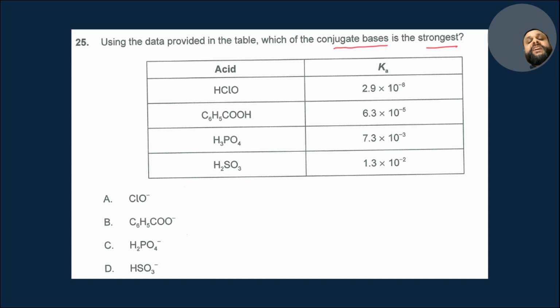So we are looking for the weakest acid from given all the options. So we're looking for the lowest value for Ka, which is the first one, HClO. So HClO, when it gives proton away, it will convert into ClO minus as a conjugate base, and that will be the strongest conjugate base from the given option. So hence A is the correct answer.